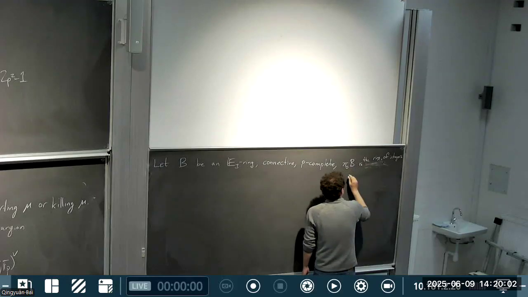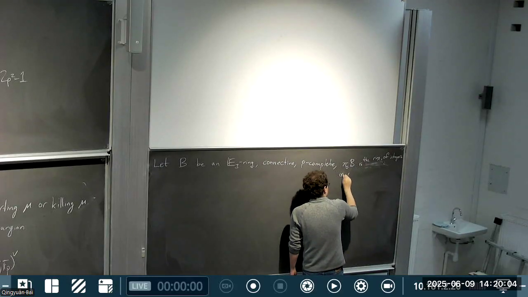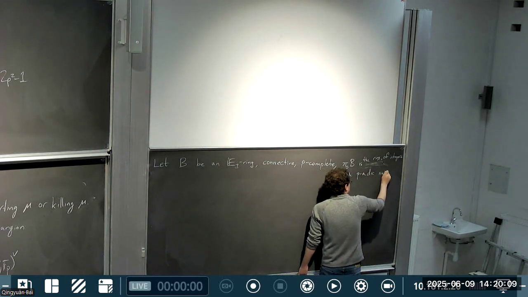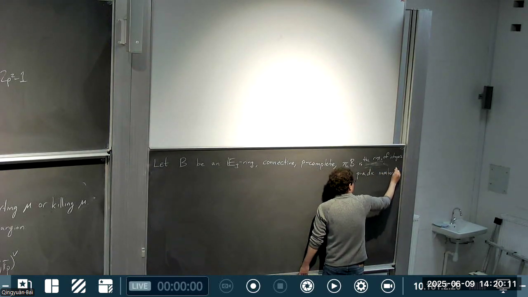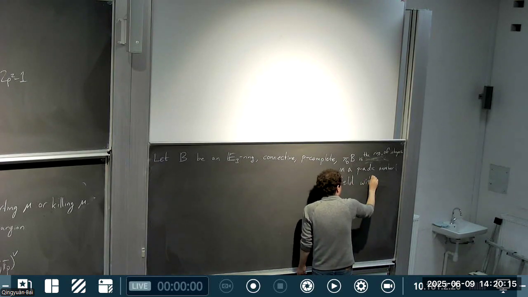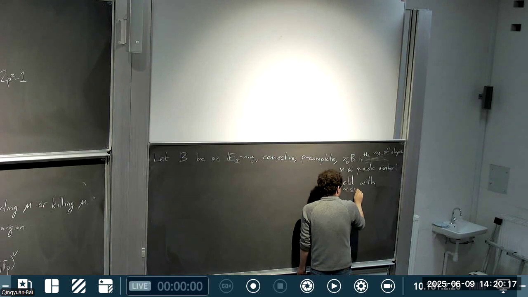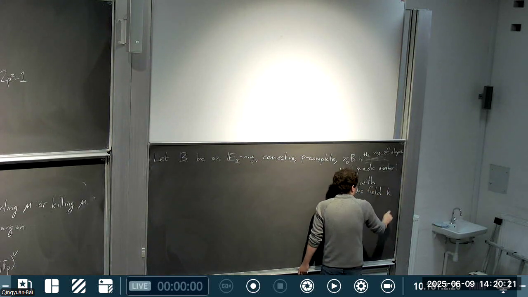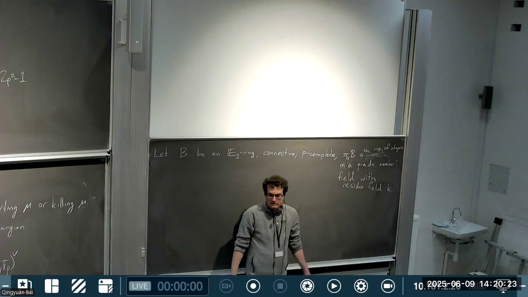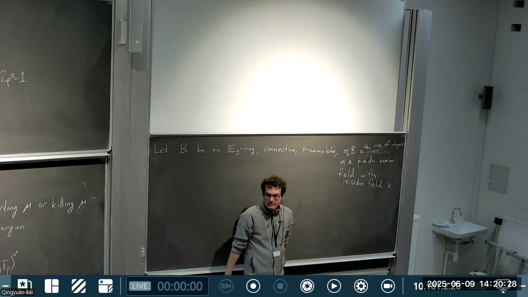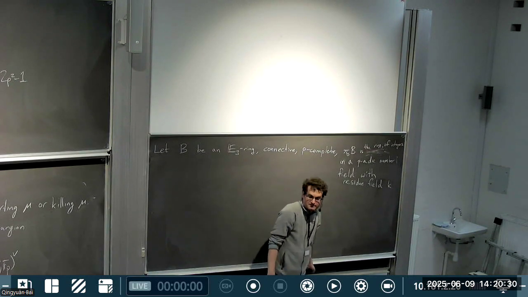With residue field k. And this lowercase k here is just some finite field, which is the pi 0 of my ring mod the uniformizer.